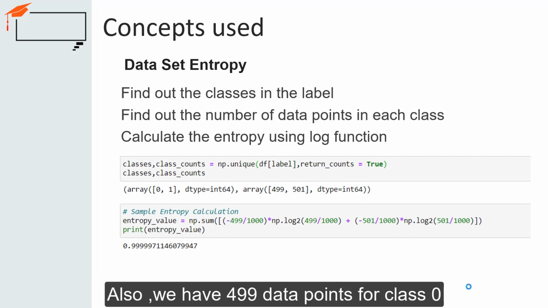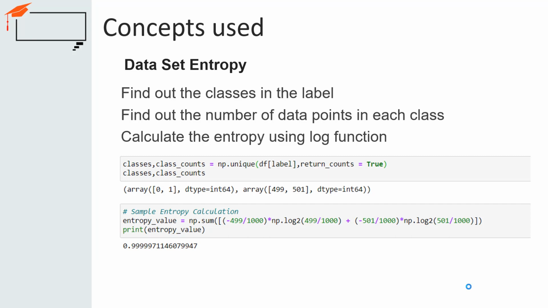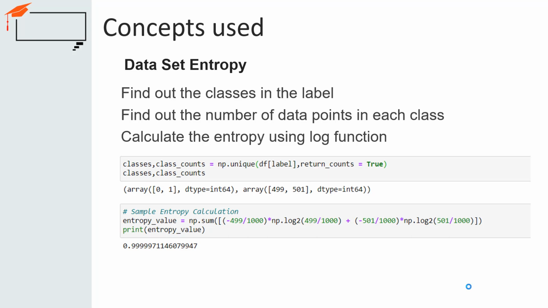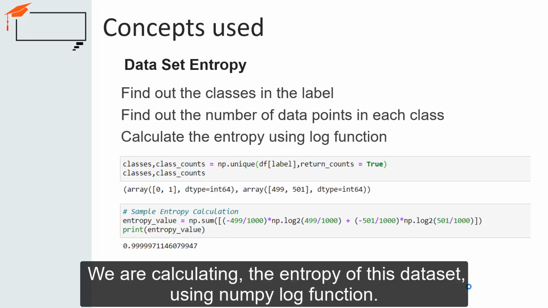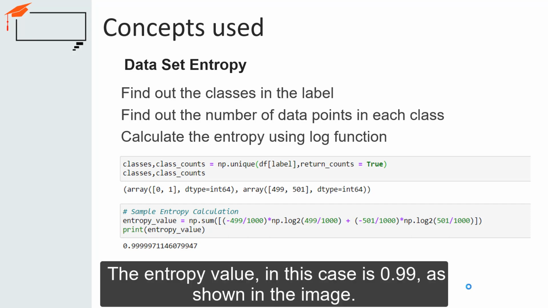Also, we have 499 data points for class 0 and 501 data points for class 1 as printed in the image. Total data points is 1000. We are calculating the entropy of this dataset using NumPy log function. The entropy value in this case is 0.99 as shown in the image.